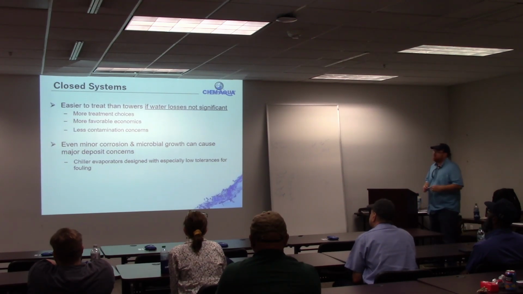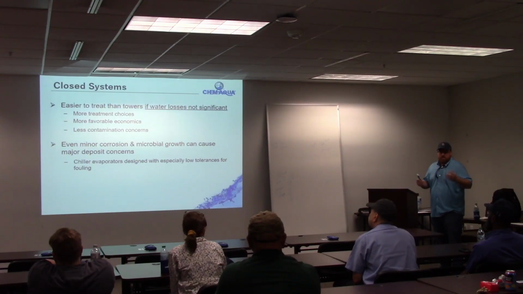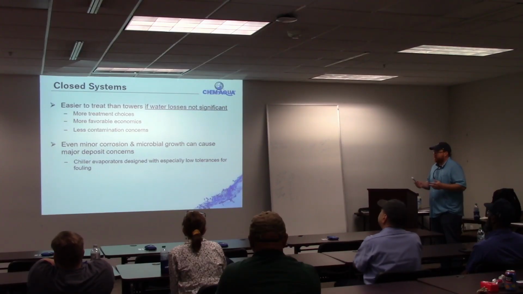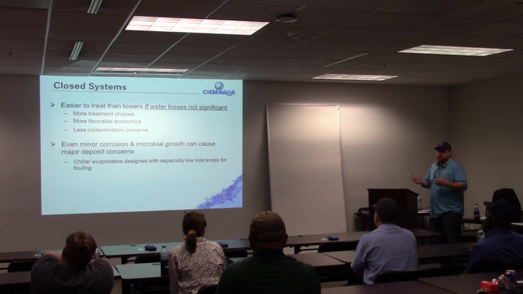We're not going to talk about closed systems too much today. But obviously, most of you probably have closed loops in different places. Hopefully you don't have water loss, at least too much water loss. But one of the problems, especially in closed systems with leaks, is you're constantly bringing in makeup water. That can introduce bacteria into the system and cause corrosion problems.